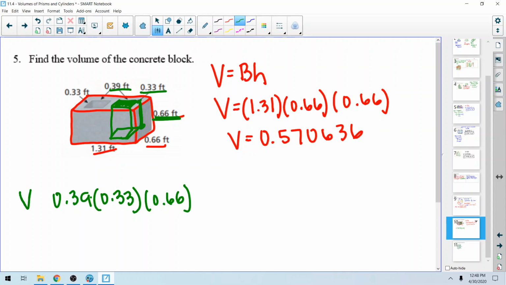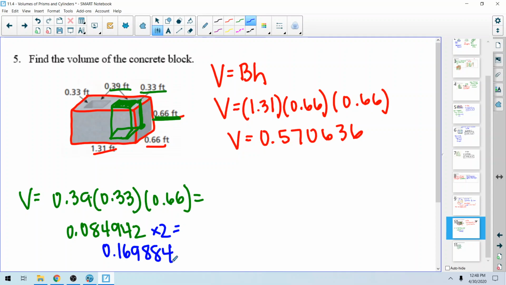So volume of one of those guys, 0.39 times 0.33 times 0.66 is 0.084942. But that's only for one of them. There's two of them. So we're going to multiply by 2. 0.169884. So that's for both of the holes, and this is for the whole block.